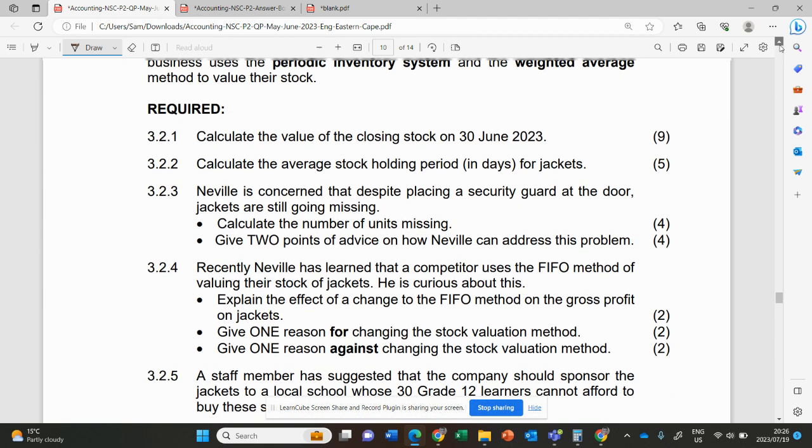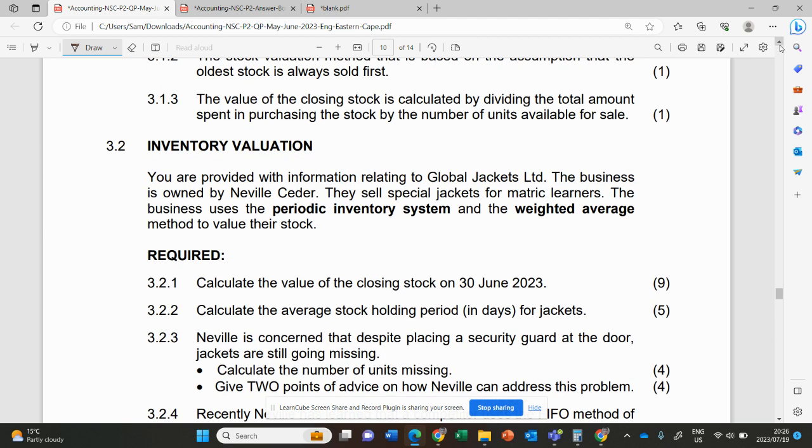We are going to do inventory valuation, calculating the value of the closing stock using the weighted average method, and also calculating the average stock holding period and the inventory missing.